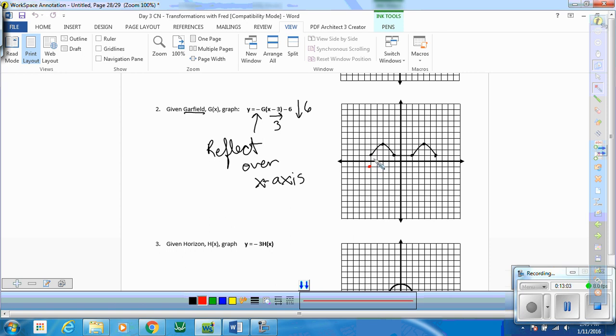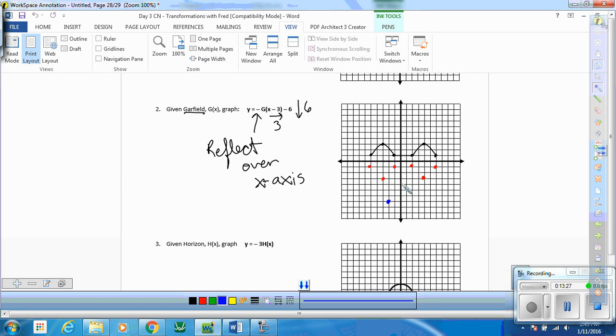So 1 away, 3 away, 1 away, 1 away, 3 away, 1 away. So I did that first. I reflected. Now I can worry about moving 3 to the right and 6 down. 3 to the right, 1, 2, 3, 4, 5, 6 down.